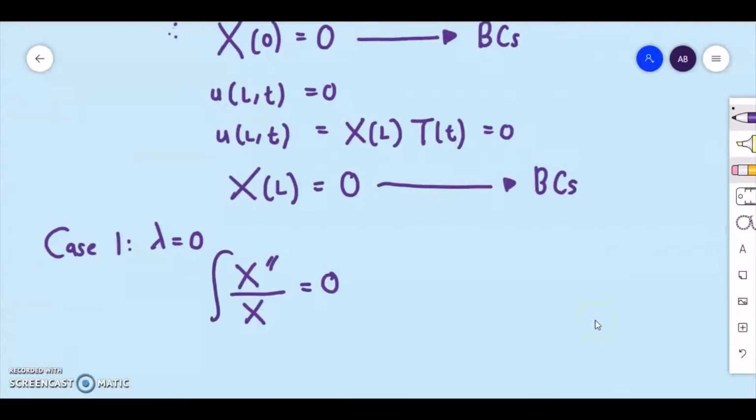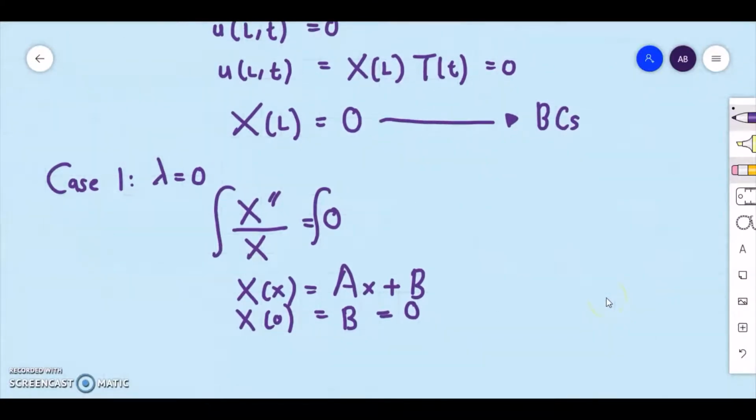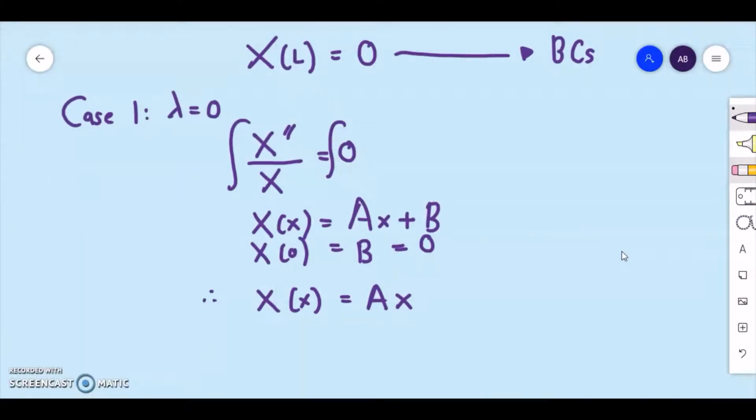We just have to integrate it twice, which gives me Ax plus B. Applying the updated boundary condition, when x is 0, I have B equals 0. So my solution is Ax. With the second boundary condition, when x is L, I have AL equals 0.